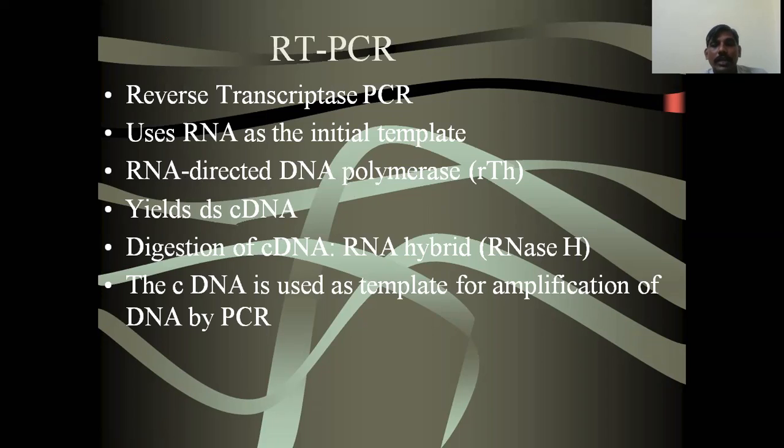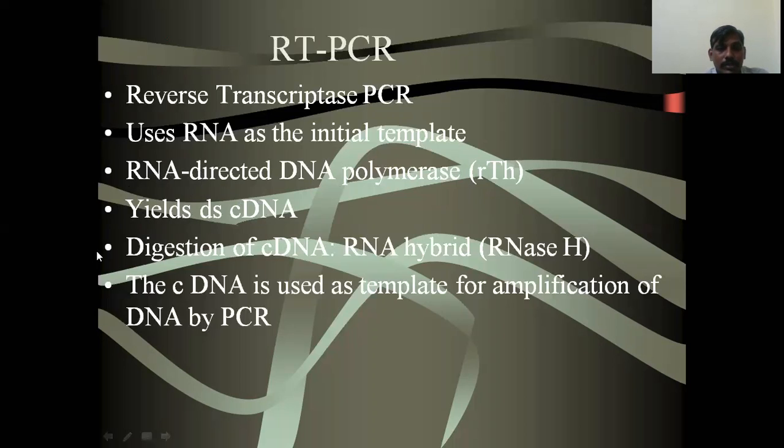Normally, a DNA molecule synthesizes RNA, which is known as transcription. But in this case, from the sample we collect RNA in a low quantity, and with its help we synthesize DNA, which yields double-stranded cDNA. cDNA means complementary DNA.